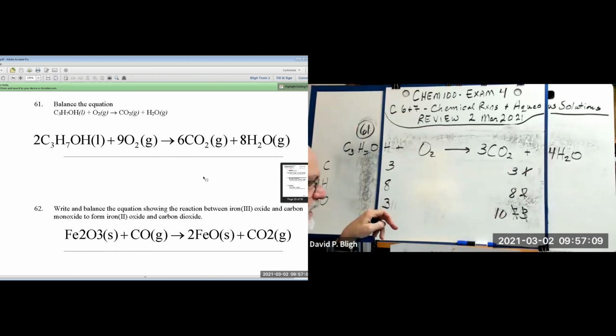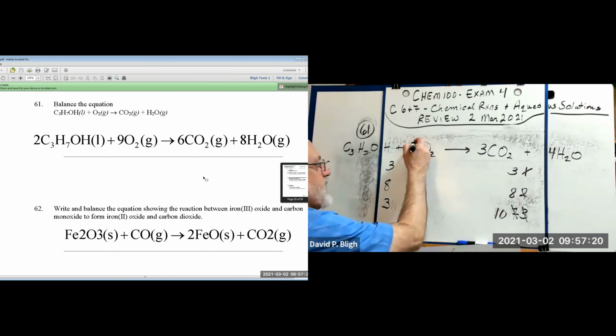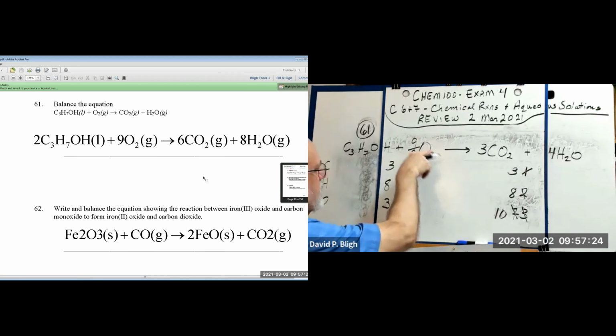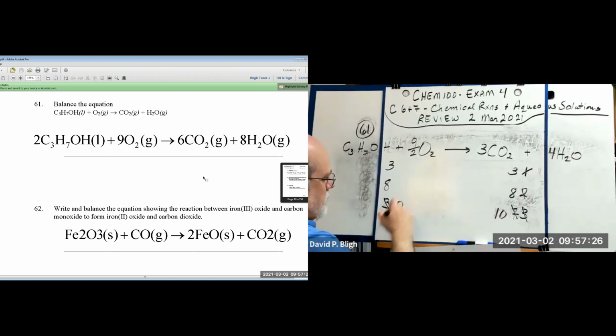Okay. We need 10 oxygens on this side, but one of them's already spoken for. So we really only need to get 9 oxygens out of this one, which means we need to do 9 halves. So that means 9 plus 1 is 10. Now we got to get rid of that half.